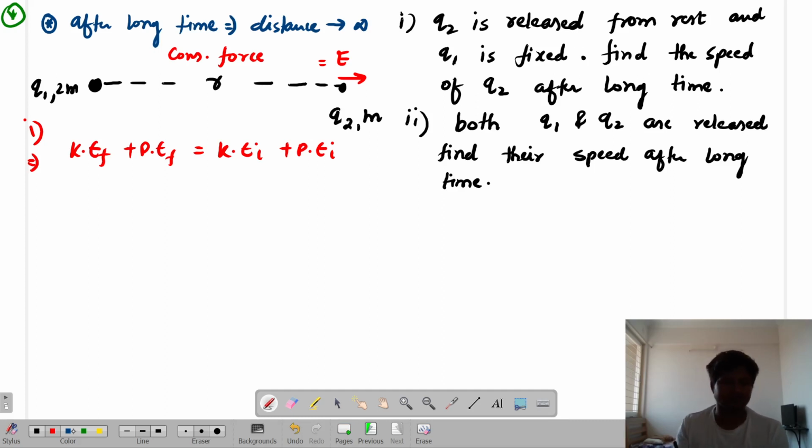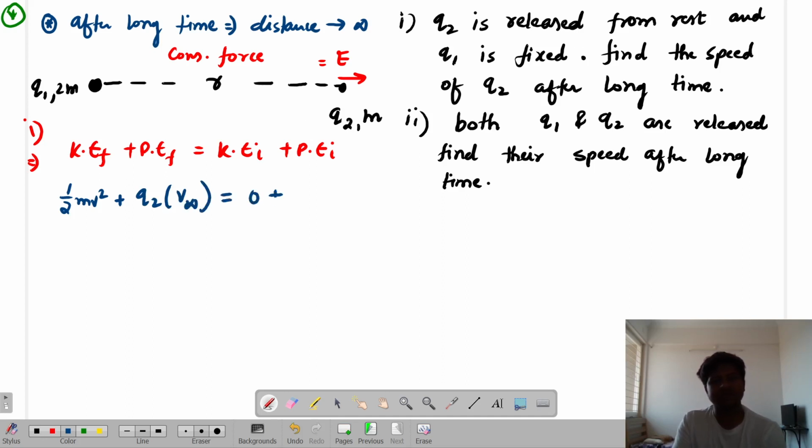Final kinetic energy I have to find, which will be half mv square. Final potential energy at infinity, the potential at infinity is zero, so it will be Q2 into potential at infinity.